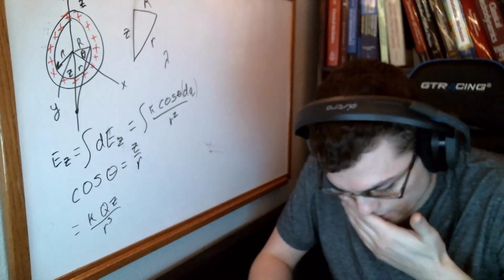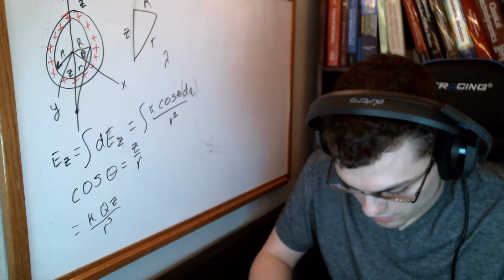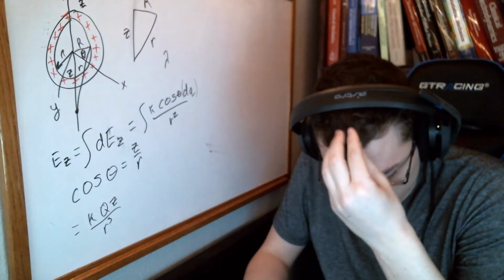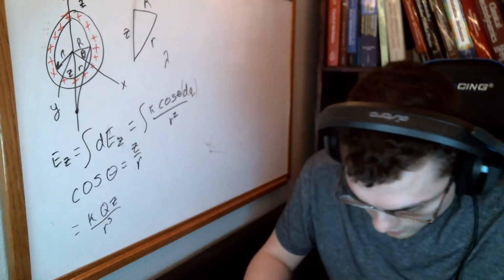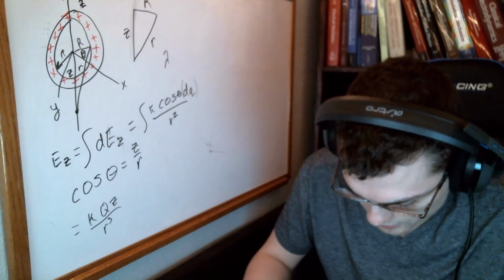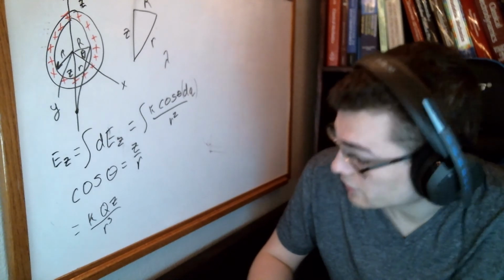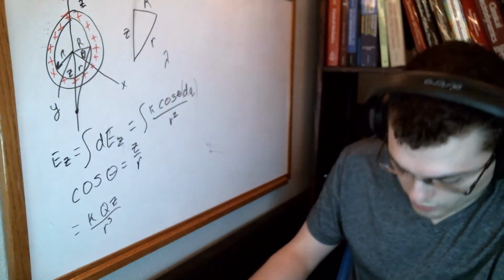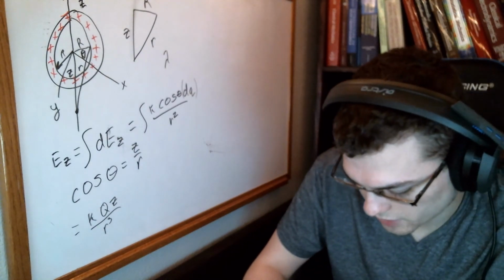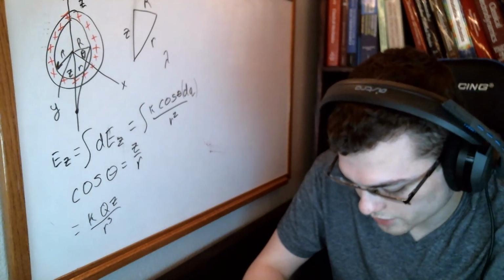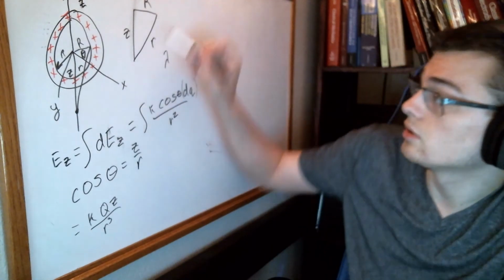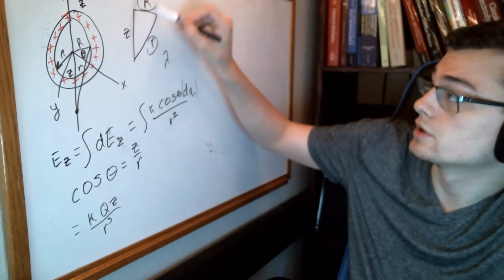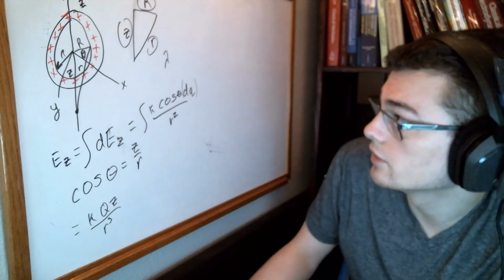Okay, and so from our Pythagorean theorem, since this is little r here, we have to do this in terms of given quantities, because little r is this guy here, so we have to give it in terms of these two.